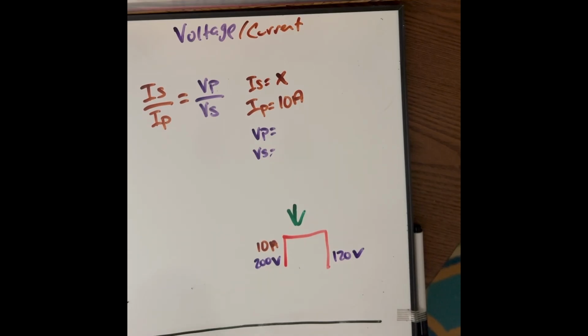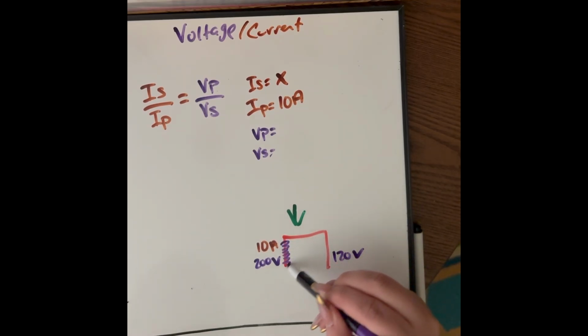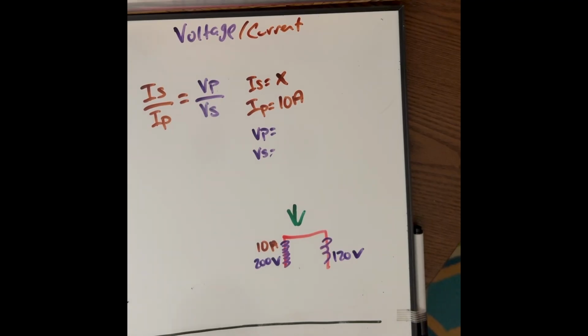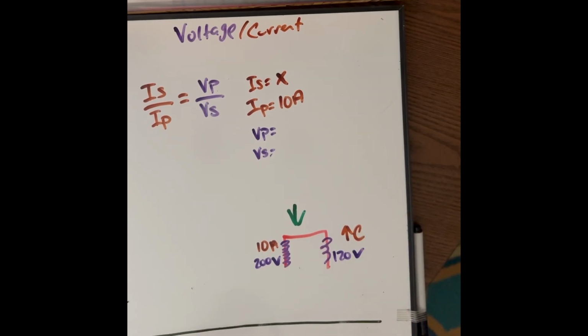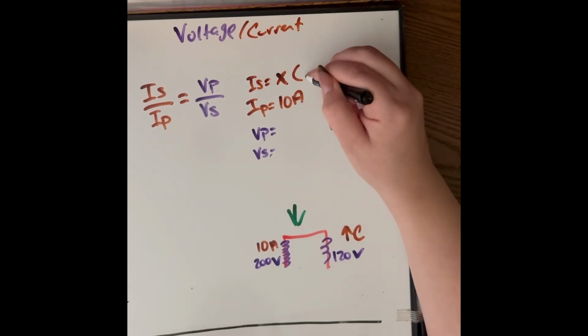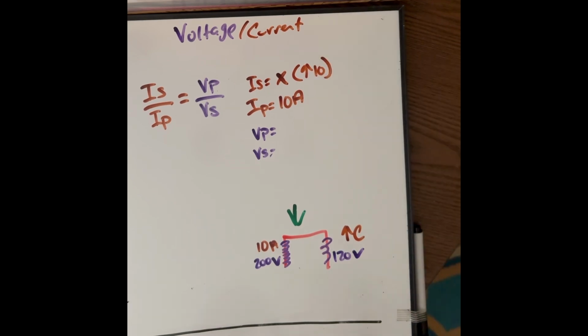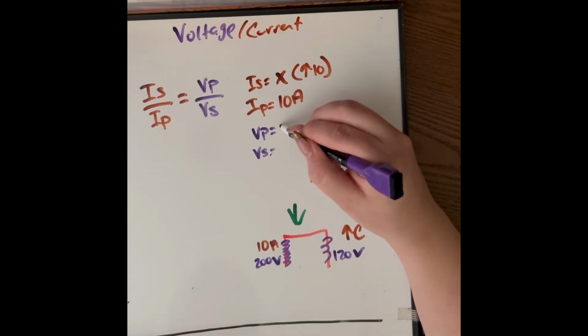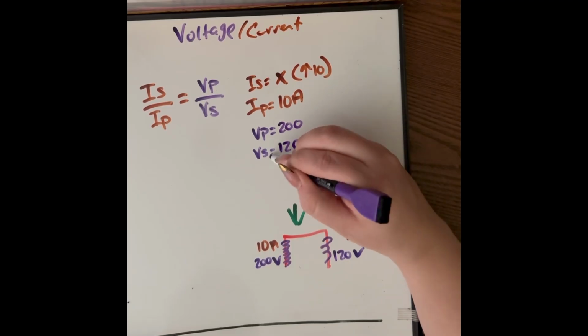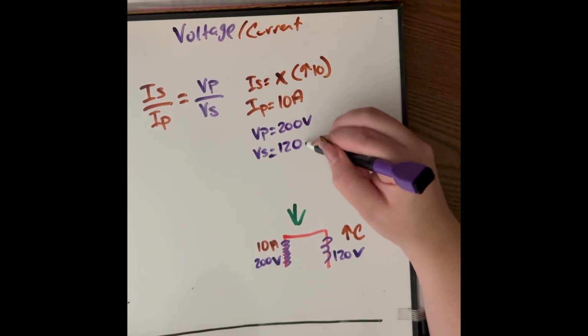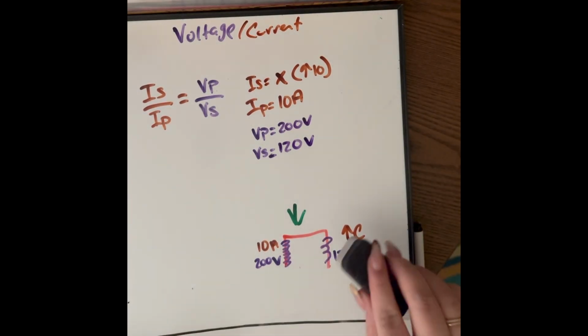So if I were drawing this out, I would expect this side to have more windings than this side. And my current over here is 10, and if this is a step down transformer, my voltage went down, so I should expect my current to go up. So I should expect this number to be higher than 10 if I am going to do my math correctly. My primary voltage or my applied voltage is 200, and my secondary voltage was 120. So let's set that up and see if it works.